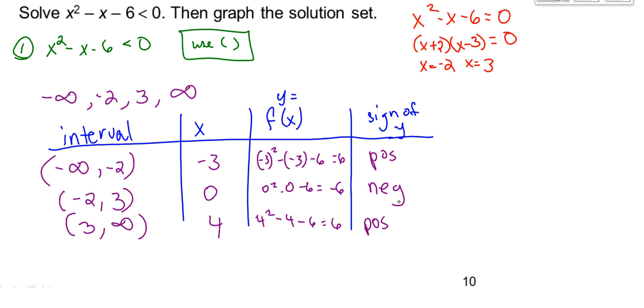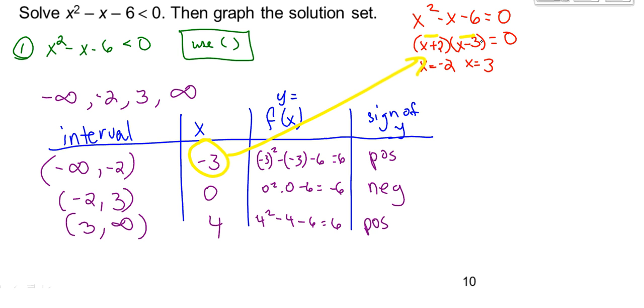Now, just note to self, look at this factored form and think about how I could figure out whether it was positive or negative without ever doing all of that work. This will shorten things up for you as you go. So think about putting this negative 3 in there, and that would just be a negative times a negative, which equals a positive.